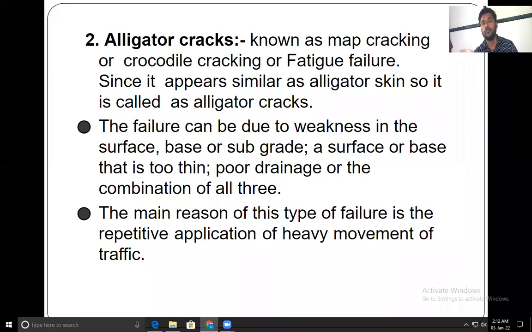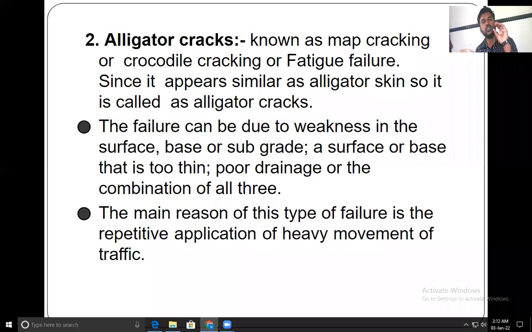Since it looks like alligator skin, it is called an alligator crack. The failure can be due to weakness of the surface, base, or subgrade, a surface or base that is too thin, poor drainage, or a combination of all three.